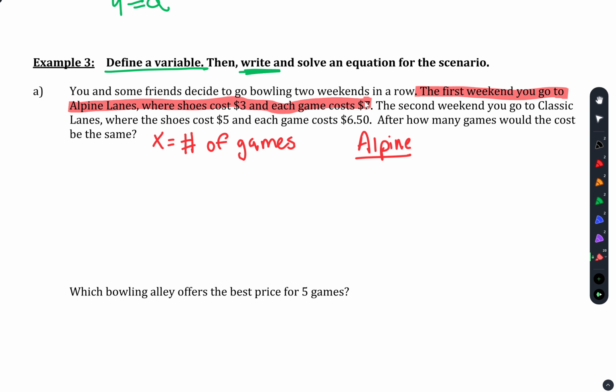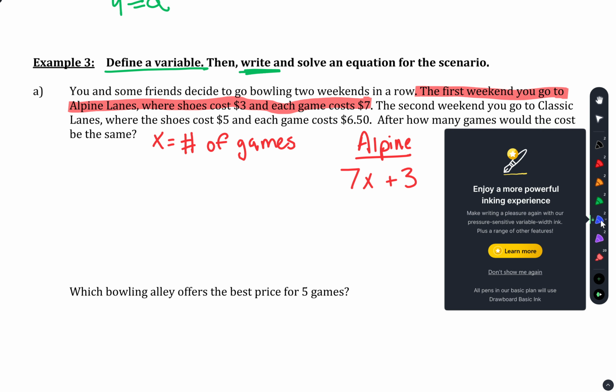How would I write that as part of an equation? How do I say it costs $3 to rent shoes and $7 per game? James? 7x, which is $7 per game, plus $3 for the shoe rental.